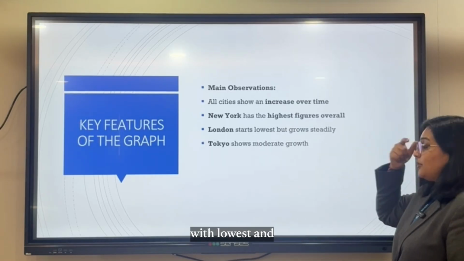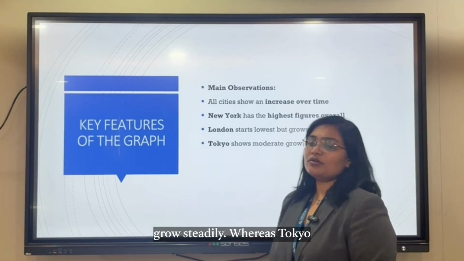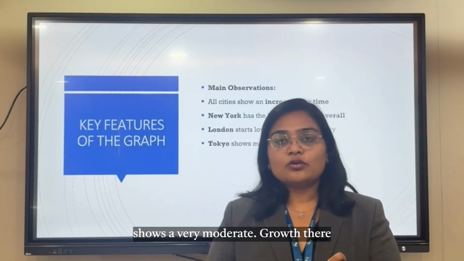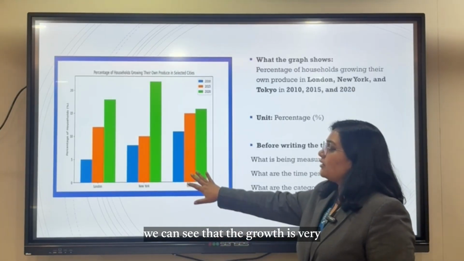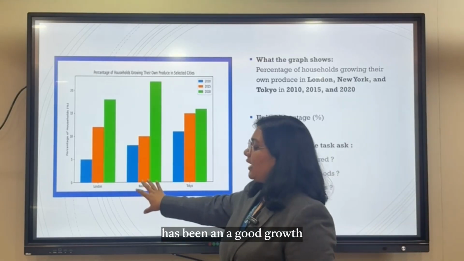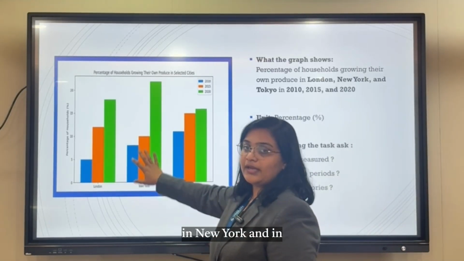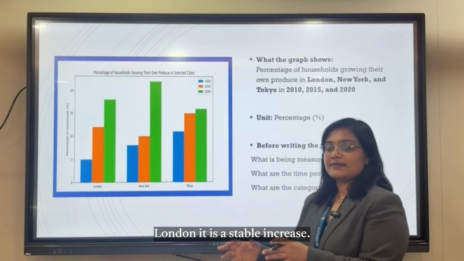London started with the lowest and grows steadily, whereas Tokyo shows very moderate growth. There has been no drastic change. However, there has been good growth in New York, and in London it is a stable increase.